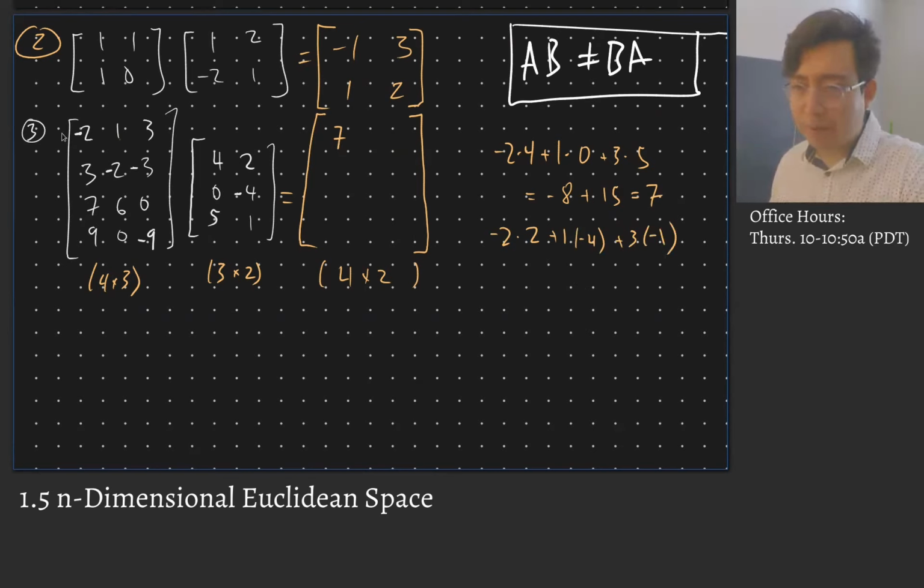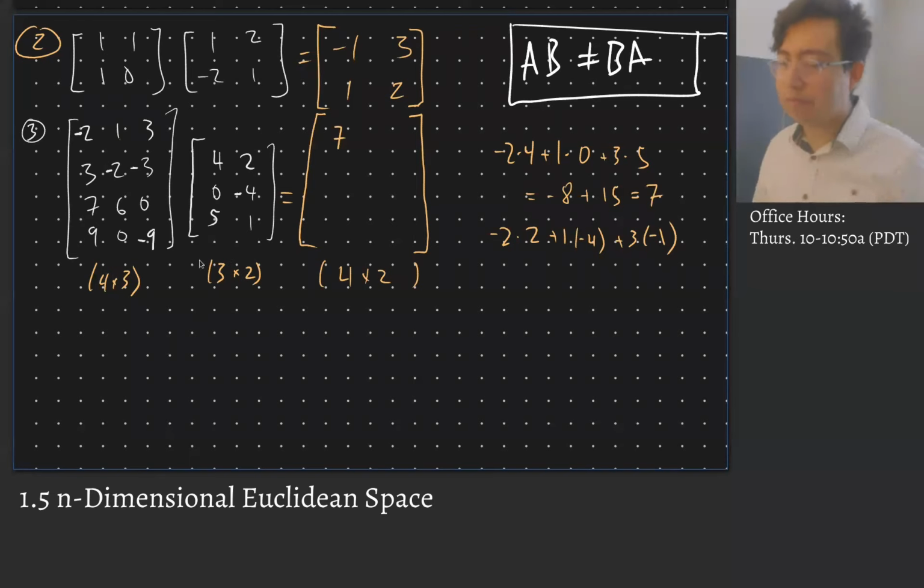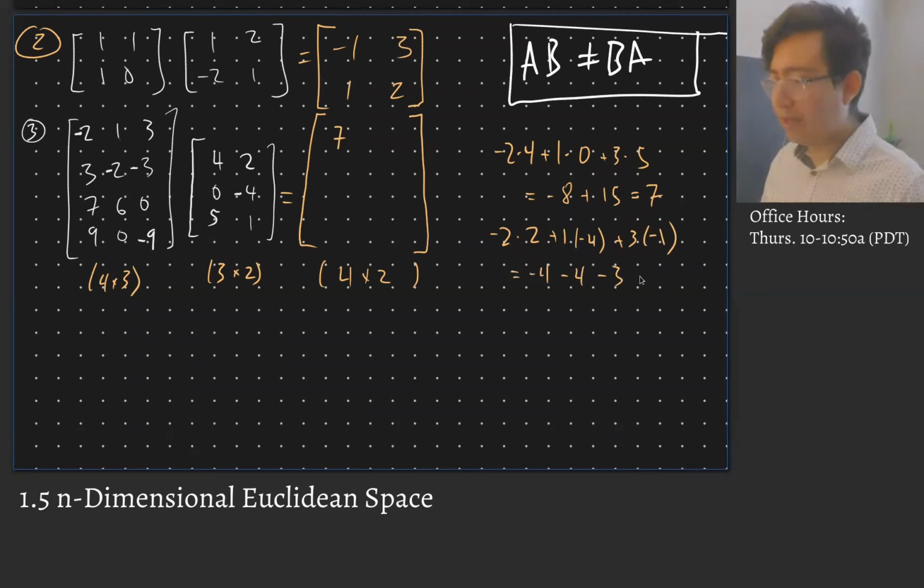Again, I'm taking the dot product of this row with this column right here, okay? So if we simplify this, that gives us -4 minus 4 minus 3, which, that shouldn't be a minus here. That's a mistake I made there.